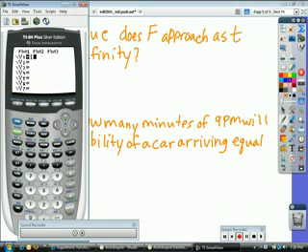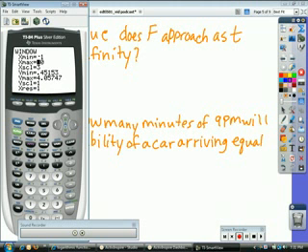1 minus e to the negative 0.2 x. And let's look at this graph. I'm going to set my window a little bit differently. I want my x min to be negative 1.